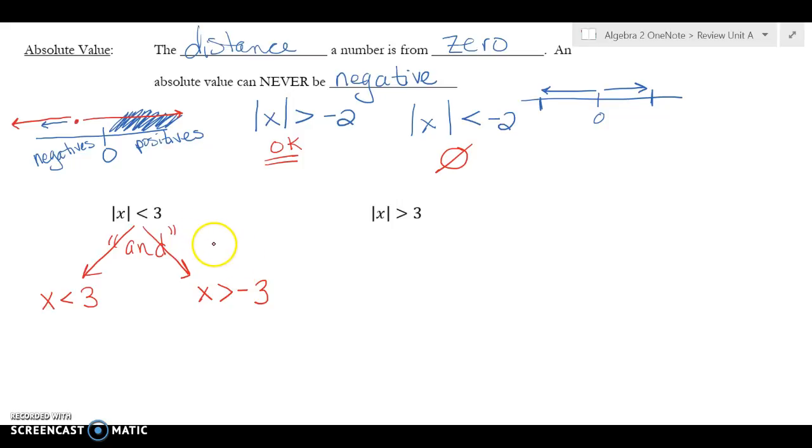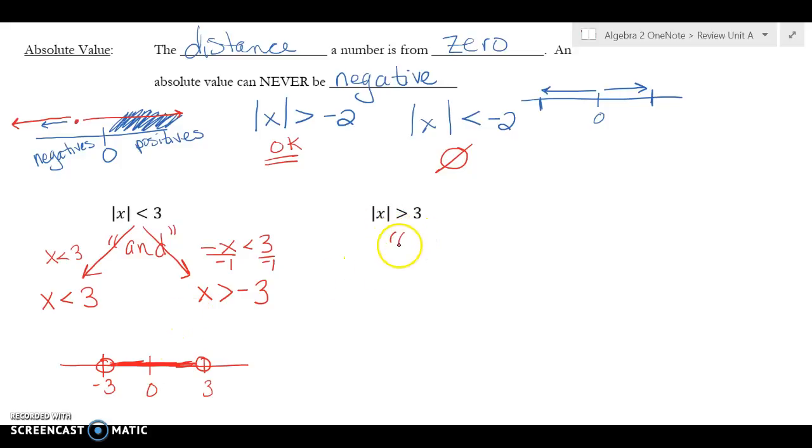The reason is my first answer would be x is less than 3, but my other one would be -x is less than 3, and when you divide by -1, it flips it. So remember, the rule on the right is you change the sign and flip. If I graph this, at +3, it's an open circle going to the left, and at -3, it's an open circle going to the right. So this is an intersection, and that's why it's an and problem.